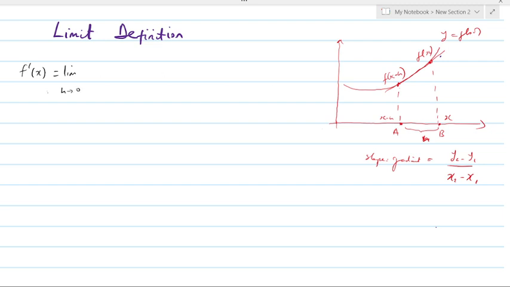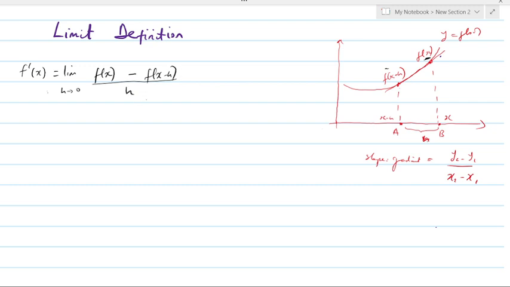Then we have our y2. Our y2 here is f of x, minus your y1, that is f of x minus h, everything over x2 minus x1, and that is your h.